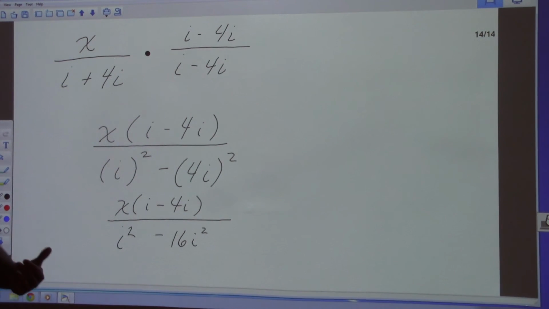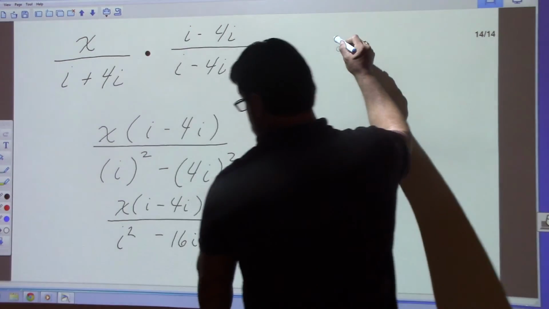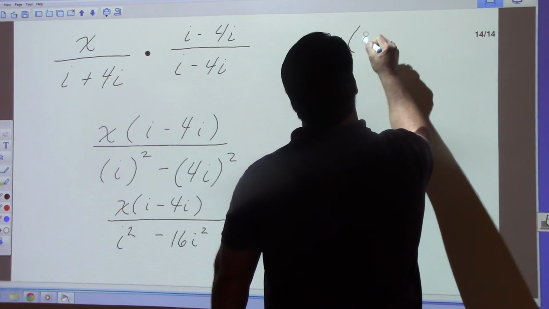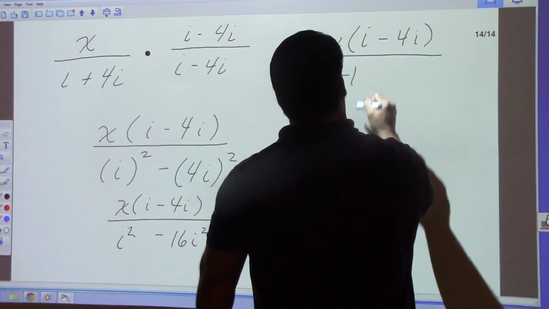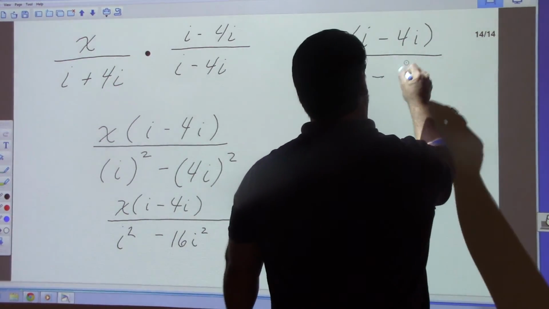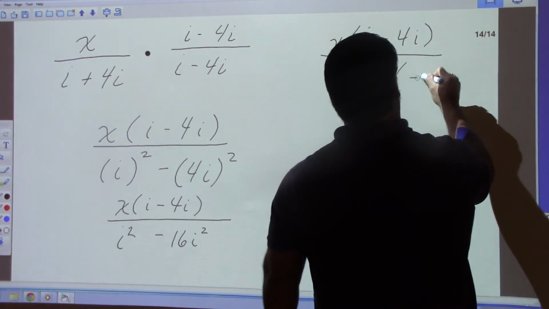Okay, so i squared is equal to negative 1. So there's a negative 1 here. And minus negative what?